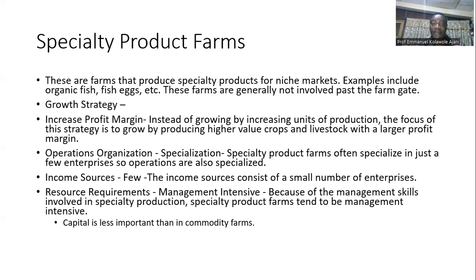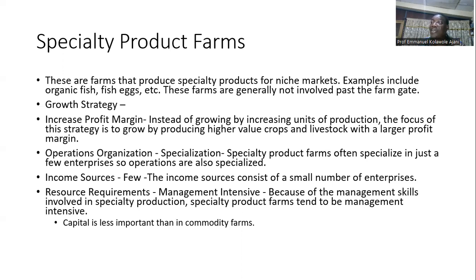And these farms are generally not involved past the farm gate. The growth strategy of this farm is to increase profit margin. Instead of growing by increasing the unit of production, the focus is to grow by producing higher value crops or livestock with a larger profit margin.